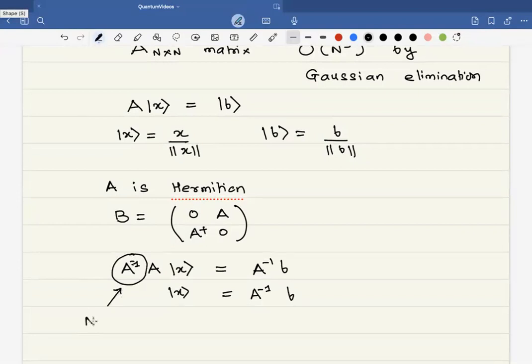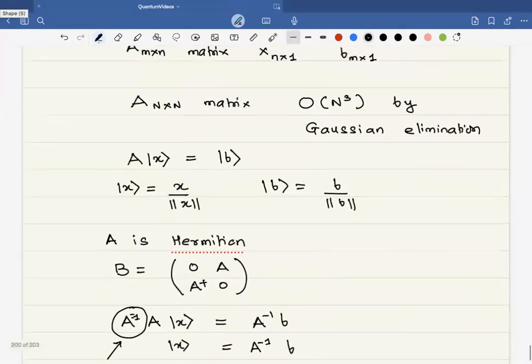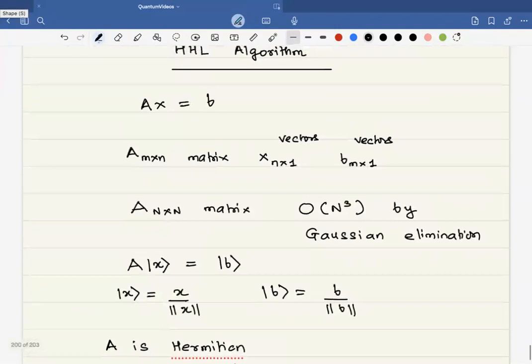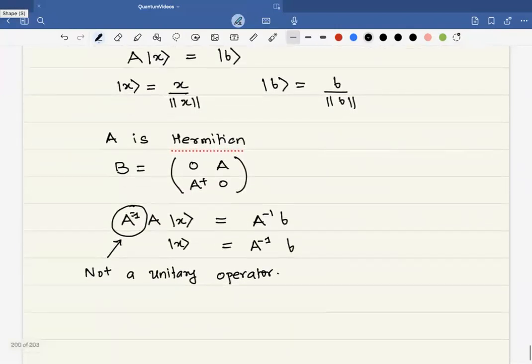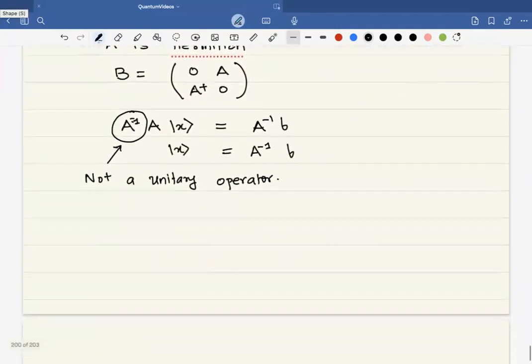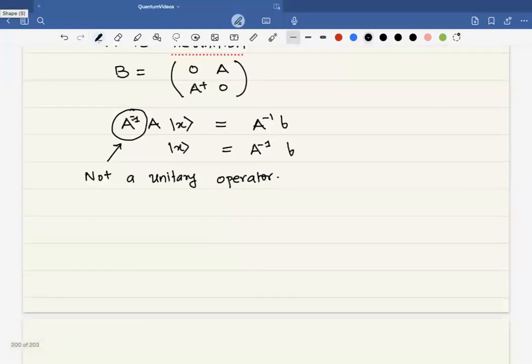A inverse is not a unitary operator, and therefore this technique doesn't work. So let's look at the way we can make it work in quantum computation, with the first assumption that A is Hermitian and square.